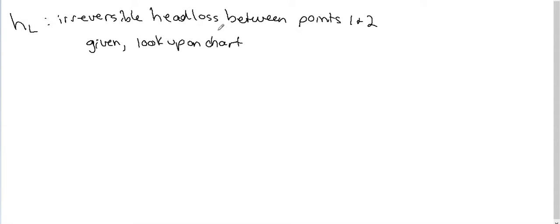Okay, so we have the energy equation in terms of head. One thing we can do is multiply every single term by m dot g, the mass flow rate and the gravity constant.